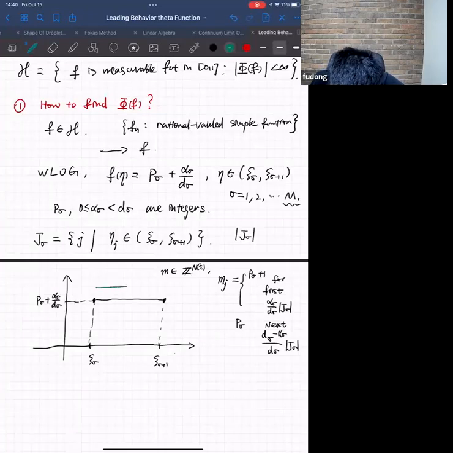So in this picture, we can see this is p sigma plus 1, this is p sigma. So here we have a lot of eta j's, right? Each eta j we can define mj.